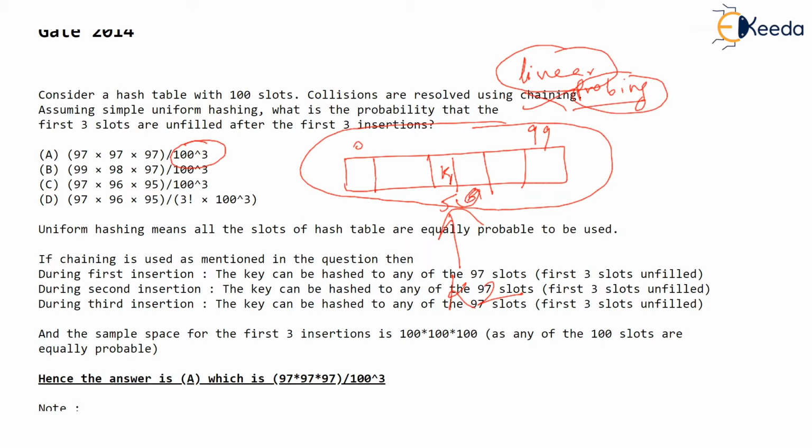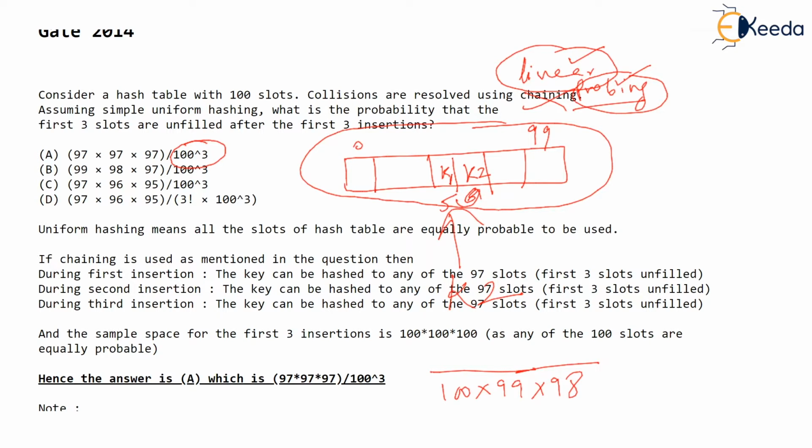That means there are only 99 possible places because one place has been already booked by K1. So while the first insertion, there were 100 places available. For the second insertion, any of the 99 places. And for the third insertion, once K2 also has been stored, we have only 98 places. In that case, if we were using linear probing, then the sample space, the denominator, would be 100 into 99 into 98. Are you understanding?